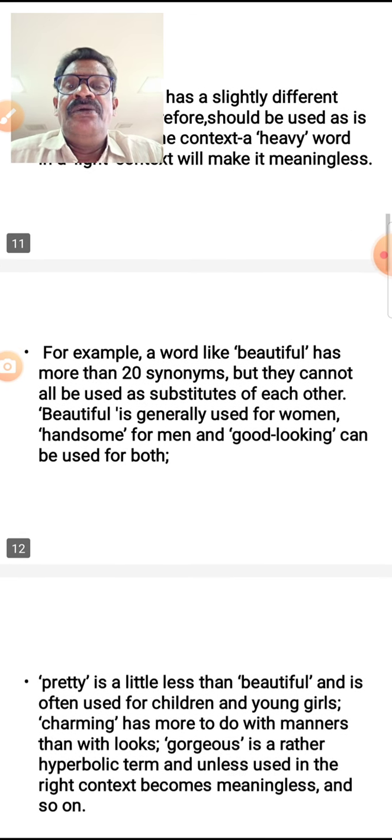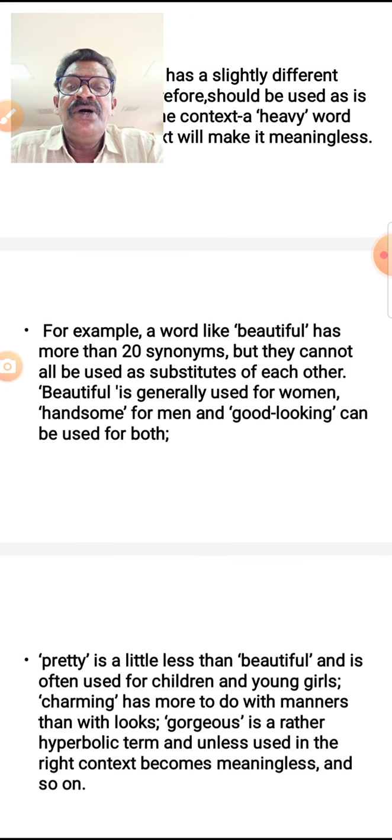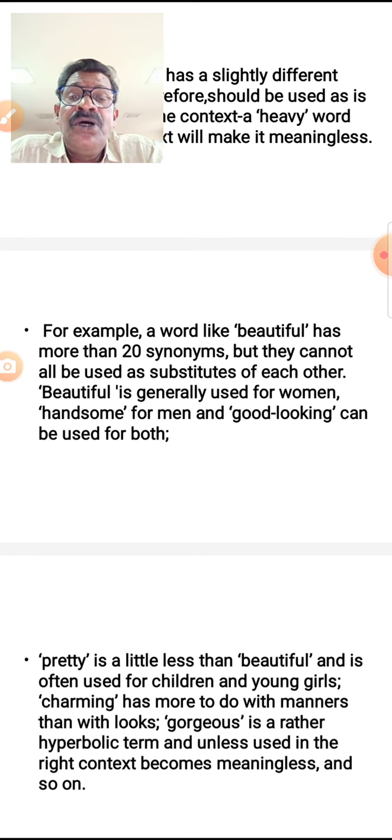For example, a word like beautiful has more than 20 synonyms, but they cannot all be used as substitutes of each other.